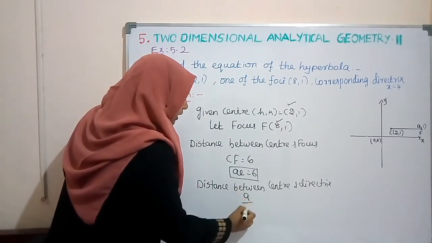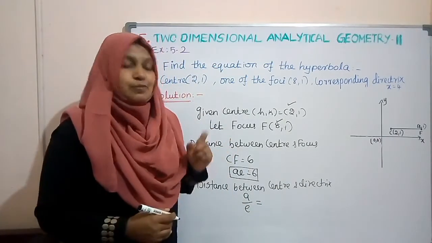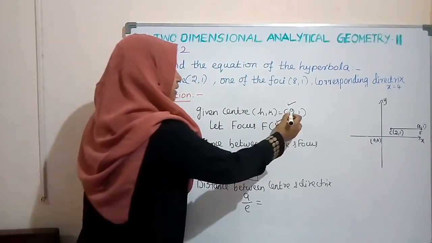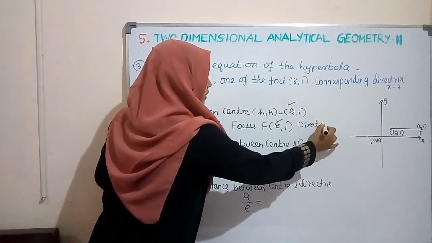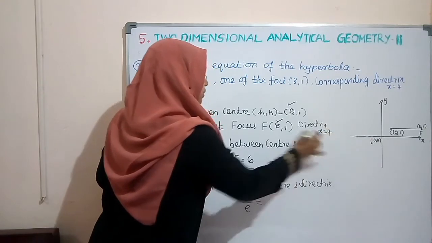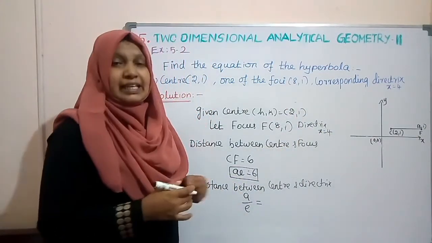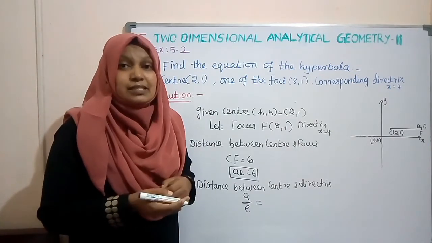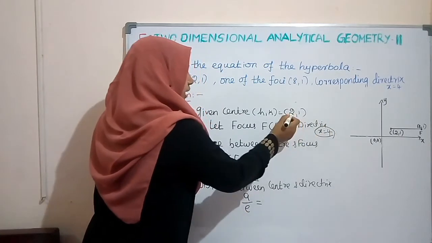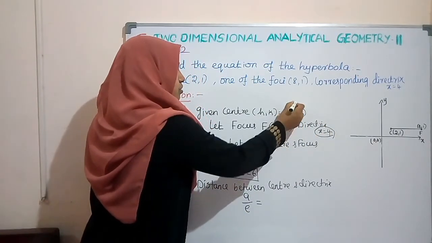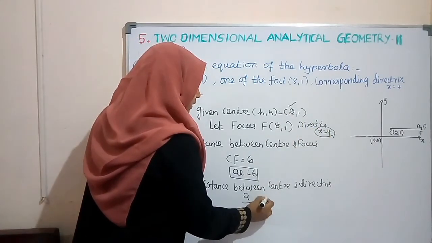So directly I am writing a by e is equal to, how will you find the distance between center and directrix? Center is (2, 1) and directrix is x is equal to 4. See, if they are given the equation in terms of x, means just subtract the x coordinate. What is the x coordinate? 4, and in the center the x coordinate is 2. So just subtract the x coordinate. 4 minus 2, you will get 2.